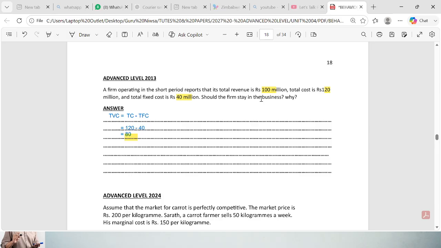He doesn't know these terms. He will say, sir, these are my day to day expenses, running expenses. The expenses for raw materials and wages, right? If that part is covered, I would continue operation. That 80 million of variable cost is called the running cost of the business.